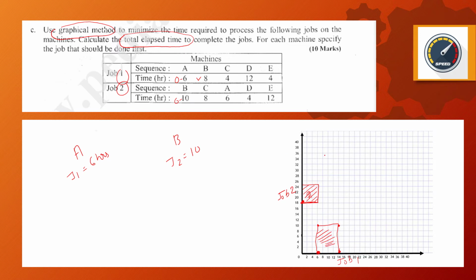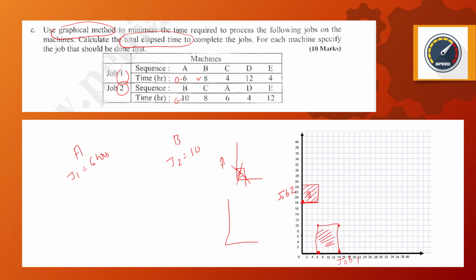We need to remember that when you are plotting for A, we cannot directly start it at 0 here, 0 to 6, and then for B take 6 hours from 6 and mark it here. So this is wrong. We need to see from where A is starting for job 1.